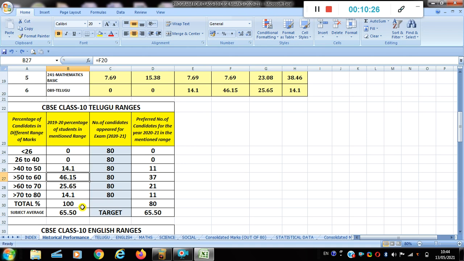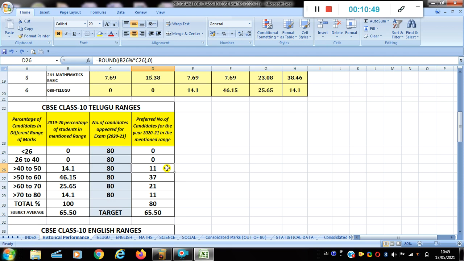Like that, total percentage comes up to 100. Very good. Then the number of candidates appeared for this year's exam in our school is only 80, so for their ideal thing, there must be 14.1 percent of 80. When rounded off, it comes up to 11.